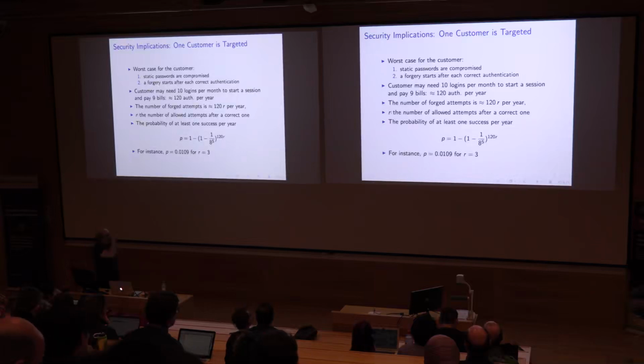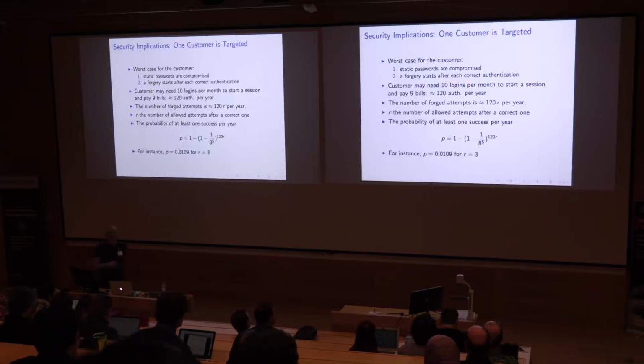So now look at what a customer may need. During 1 month, he may need 10 logins to start a session and pay a number of bills, like 9 bills. So in aggregate, it should be about 120 authentications per year.